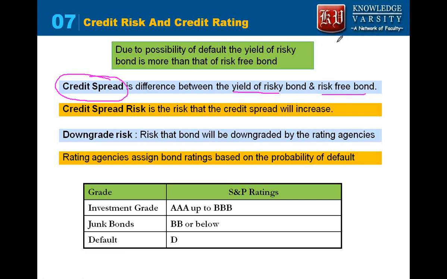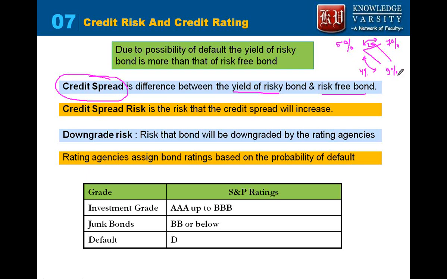So let's say there is a risk-free bond trading at 5%. There are two bonds. One bond is trading at 7%. So the credit spread of this bond is 2%. Correct? Then there is another bond trading at 9%. The credit spread of this bond is 4%.